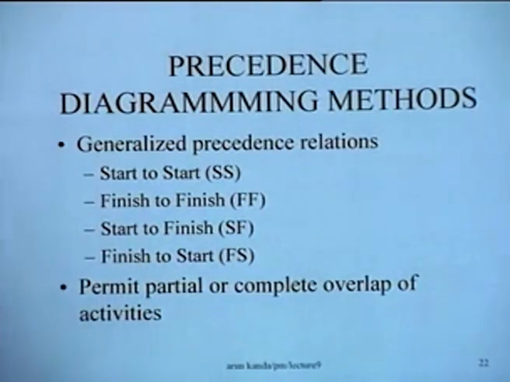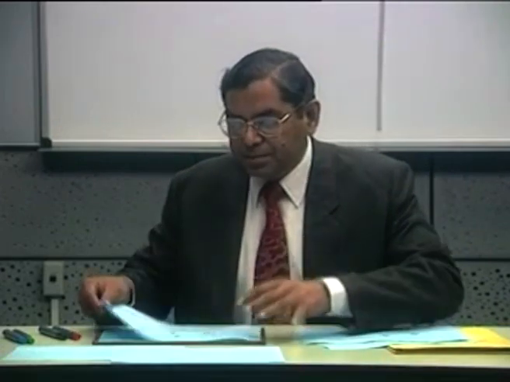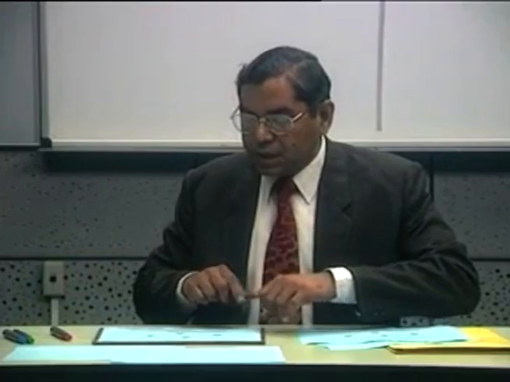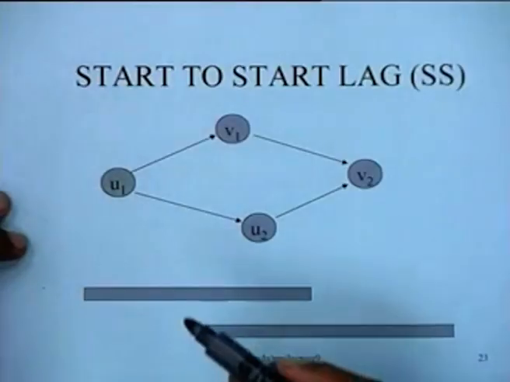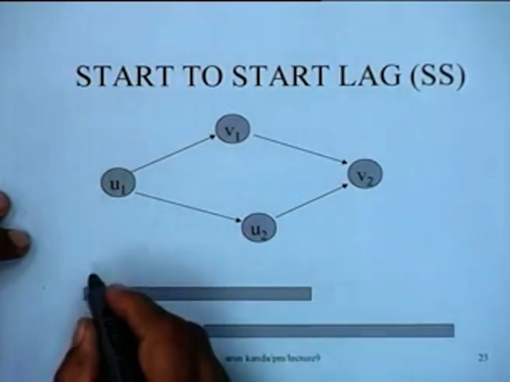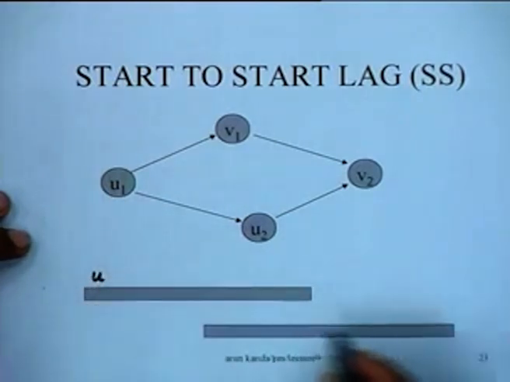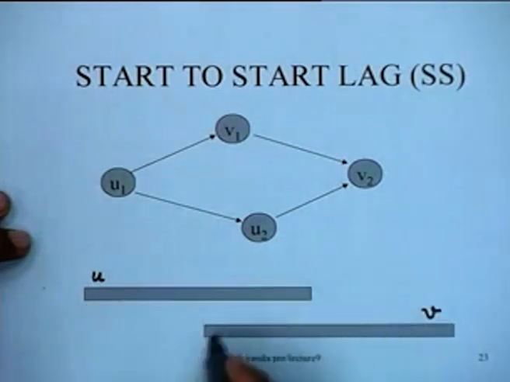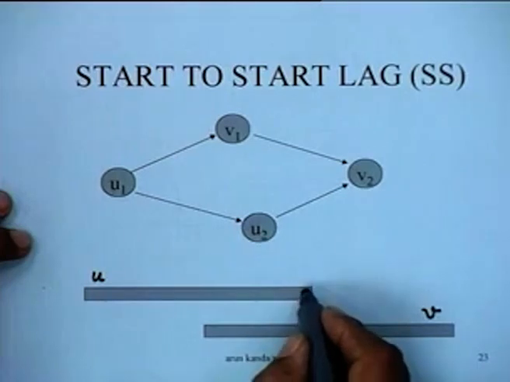Let's look at the 4 types of lags before we take an example. For instance, if you have a start to start lag, basically we have one activity, let's call it U, and we have another activity, let's call it V. And we would like to retain a partial overlap between these. In the conventional situation, one activity will start only when the other is finished.